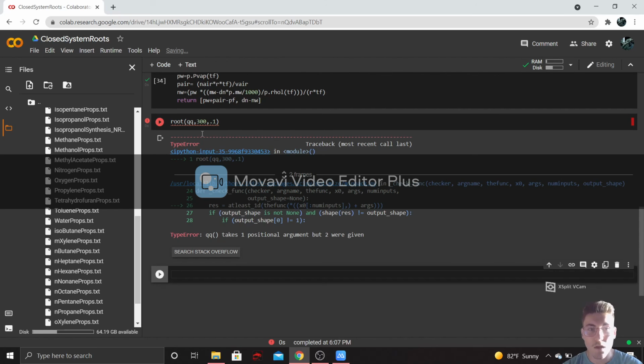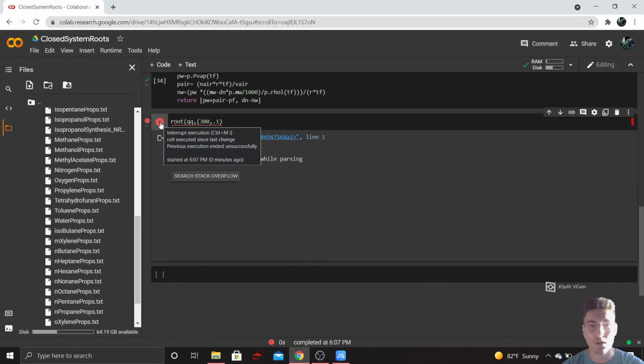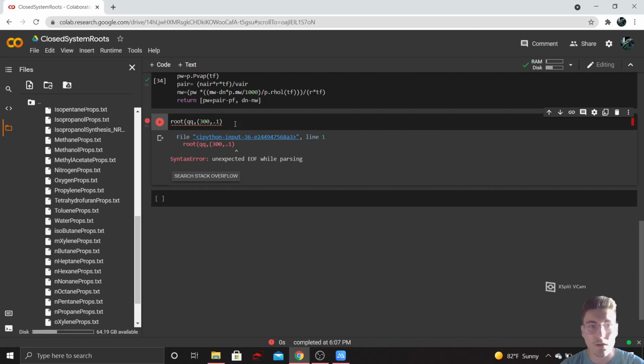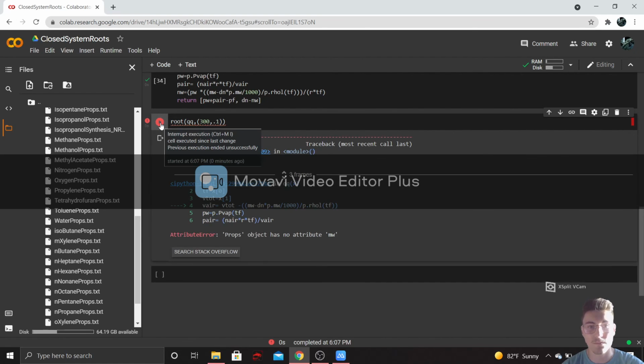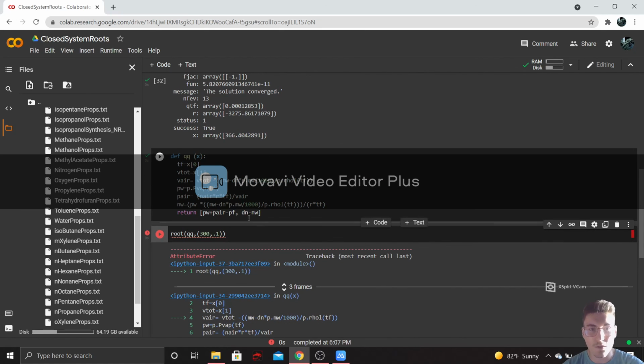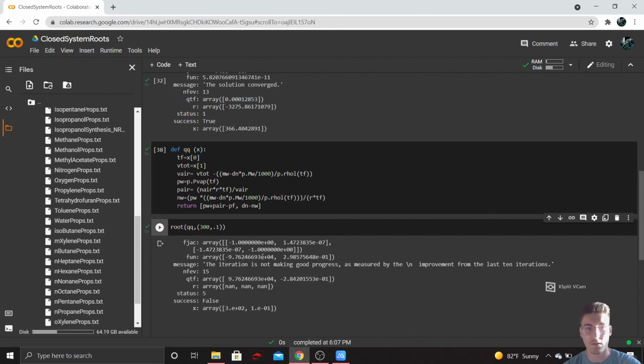Oh, the initial guesses need to go into the same column, I believe. Expected end. Close that off. Prop size attribute, molecular weight. That needs to be capitalized. So there's that.